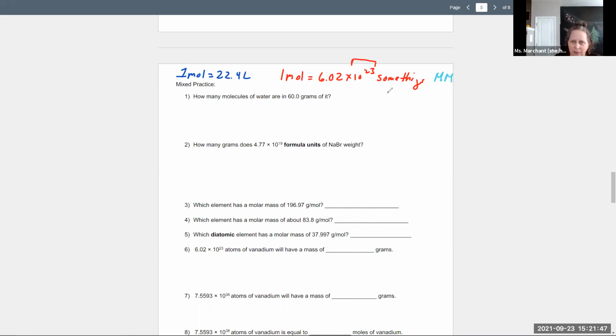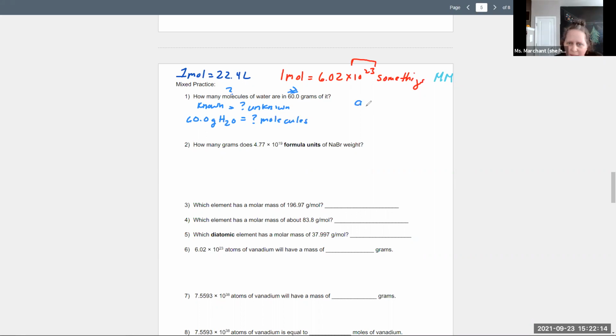So let's start with the first problem. Same rules as always. Known goes on the left, equals question mark unknown. There are 60.0 grams of water. That's the one with the number, so that's our known, equals how many molecules? The one with the question is our unknown. It goes on the right.